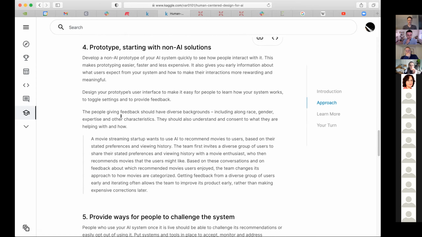They point out that the people giving feedback should have diverse backgrounds. You really want them to be representative of your user base. So if you foresee the user base of your product being diverse in race, gender, expertise, and other characteristics, then you want to make sure that the people that are going to be serving as your beta testers and feedback for the user interface also embody enough diversity to capture that representation.